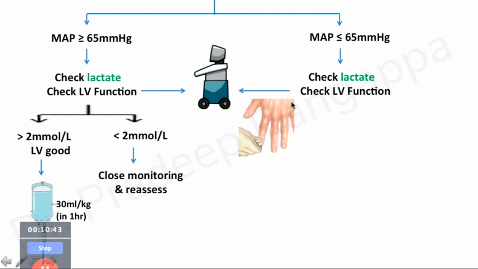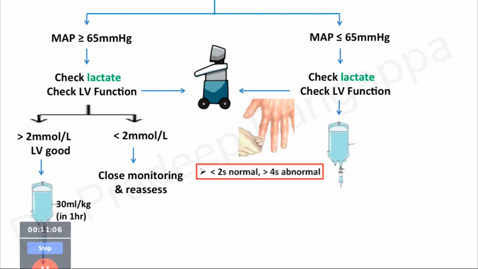If it is less than 2 seconds, then it means there is a good microcirculation and your fluid optimization is better. But if your capillary refill is more than 4 seconds, it means there is a defective microcirculation. So your microcirculation is affected, and then you may have to continue fluid resuscitation.